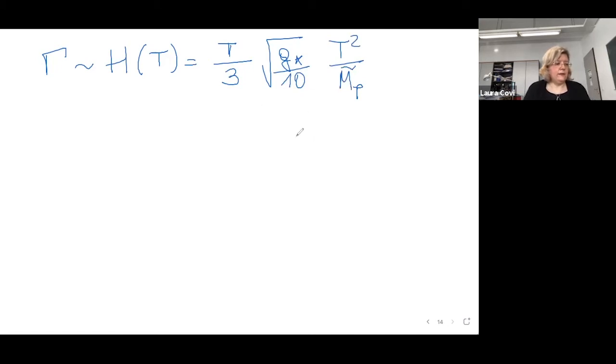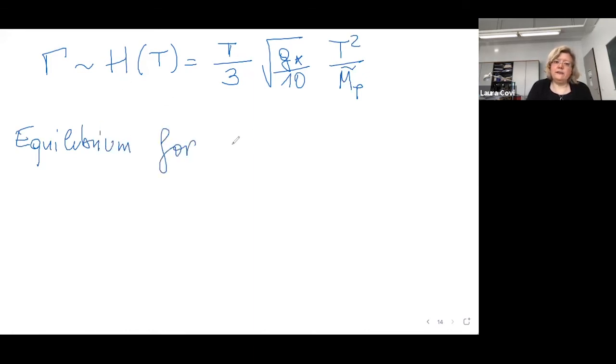So if you want, you can equate these two quantities. This one goes like T cubed, this one goes like T squared. So you see immediately that you have equilibrium only if the temperature is sufficiently large.